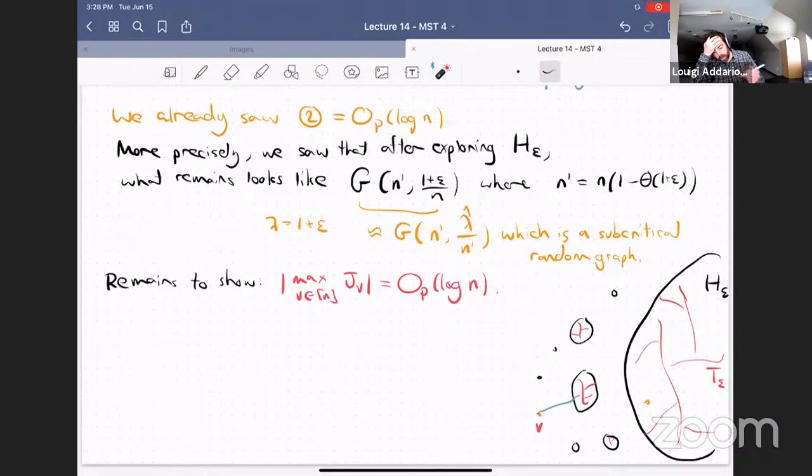It's not going to go to V. V's already been spanned, so it has probability, size of H epsilon over everything that's left, of connecting to H epsilon. And if we don't get lucky again, then maybe we add an edge over here and explore this component. And now when we have exhausted that, we have to leave this component. And at every step, all that we know.